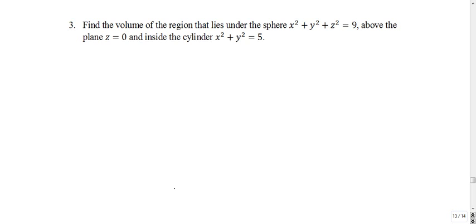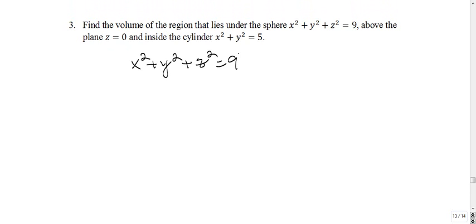Okay, first of all, we need to decide what we're going to integrate. The z function is always what you want to integrate. Remember that, okay? So you need to take the sphere and solve for z. Take x squared plus y squared plus z squared equals 9. And you know what I would do even before I start solving? I would convert to polar coordinates right away, because I can replace this x squared plus y squared with r squared.